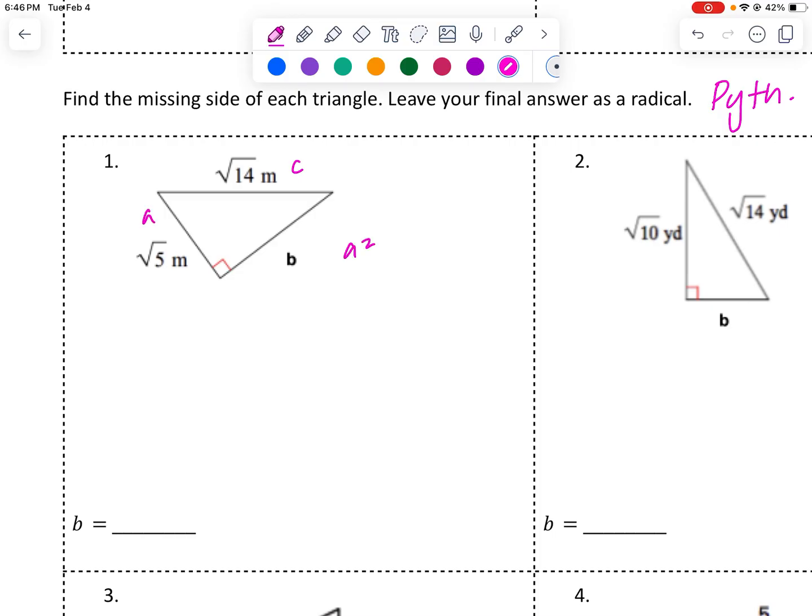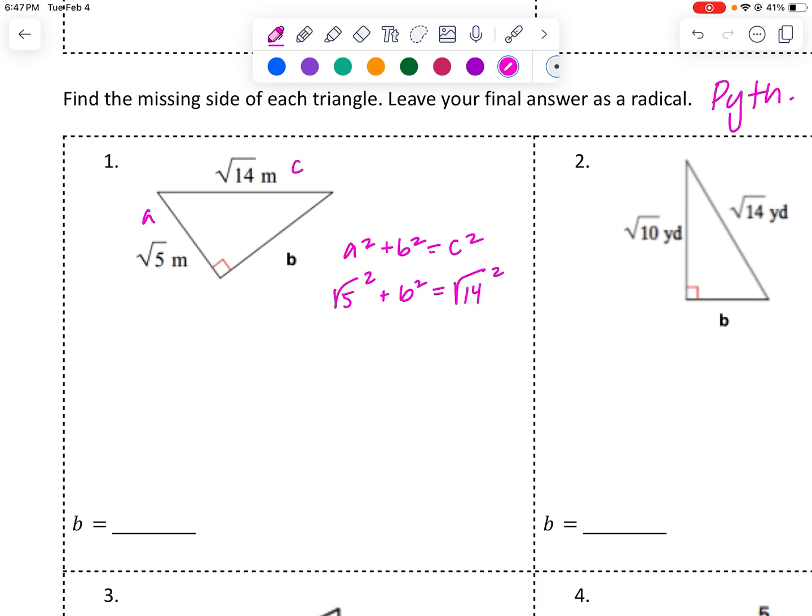If I write a squared plus b squared is equal to c squared, my a is the square root of 5 squared, plus b squared, is equal to c squared, where c is the square root of 14 squared.